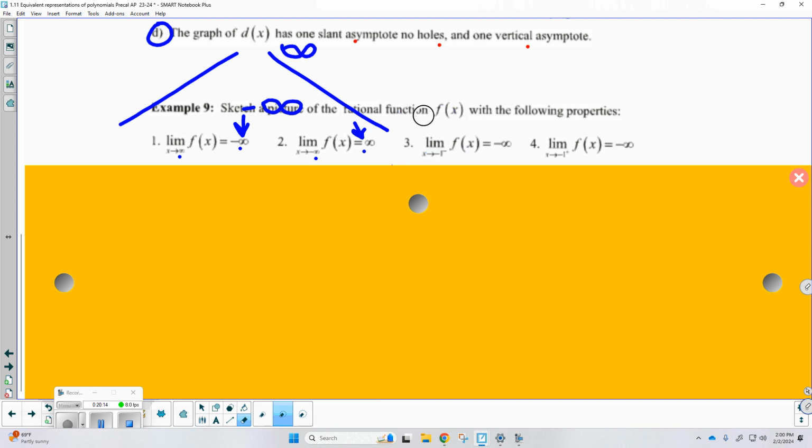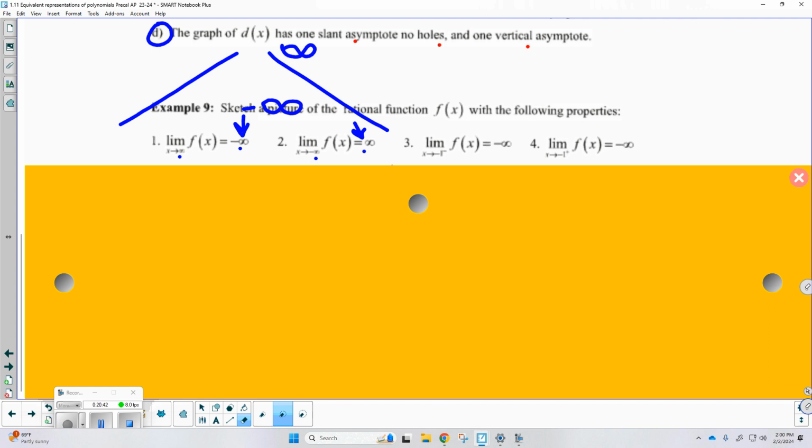Besides a slant asymptote, we're told that the limit as x approaches -1 from the left and the right is negative infinity. So if in a limit statement you're approaching a specific number, but the answer is an infinity, is that describing a hole or a vertical asymptote? That's a vertical asymptote. So you know you have a slant asymptote, and you know you have a vertical asymptote.